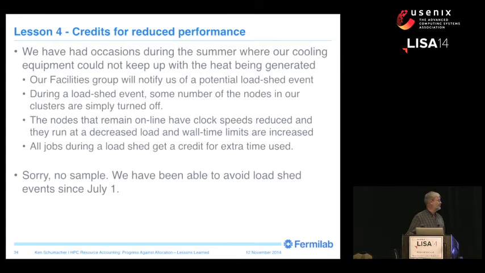We end up going in and turning down the priority or turning off bunches of nodes. When you turn down the clock speed in the nodes so they're not burning quite as hot, they don't perform as well, and we need to make adjustments to the ratio for how much we're billing. So writing these kinds of credits was another thing we learned how to do and learned the importance of doing.